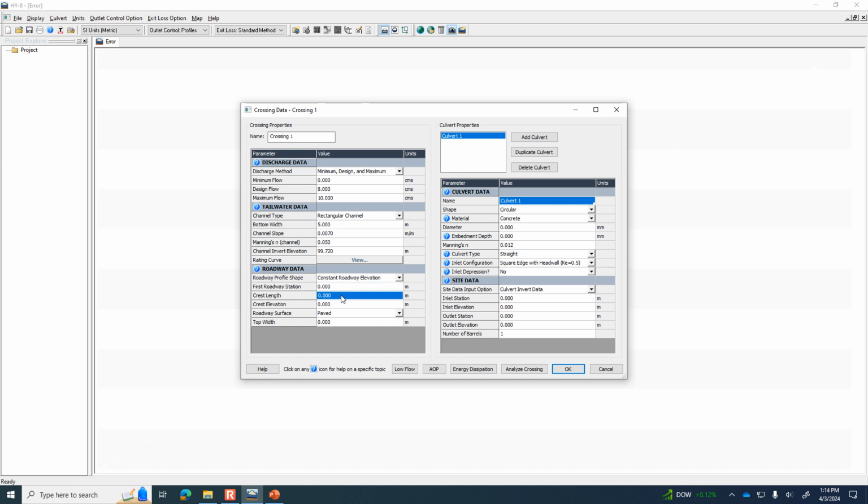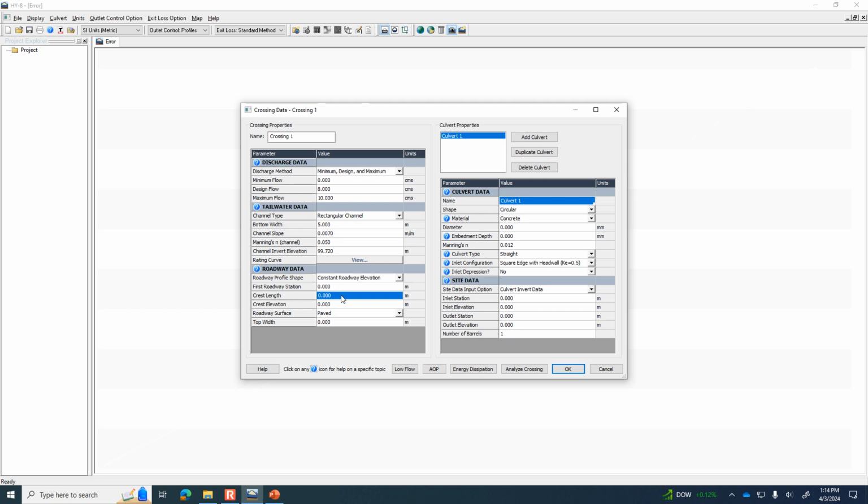Crest length is asking about, like, if you're crossing, remember, a 5-meter channel, this is the front view. And here's our concrete box culvert, 1.5 meters tall and 1.5 meters wide. So if the water's going over the road, then probably it would flow over the road at more than just the width of the culvert.